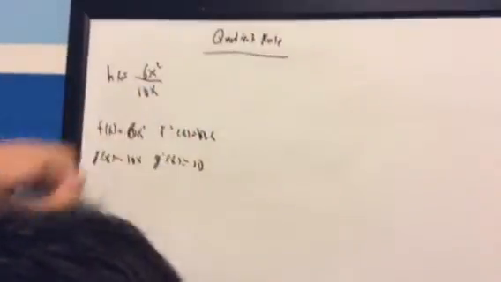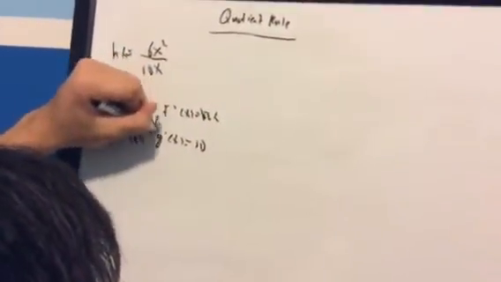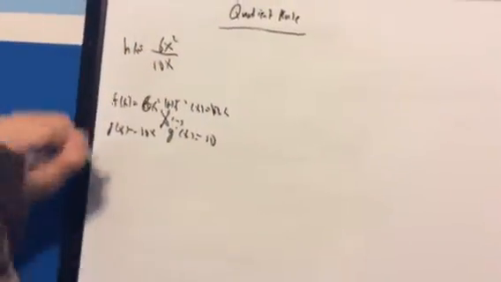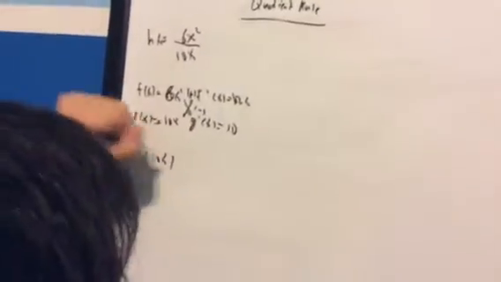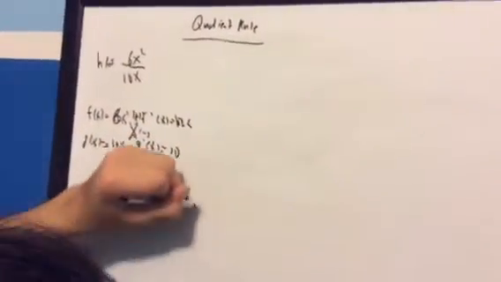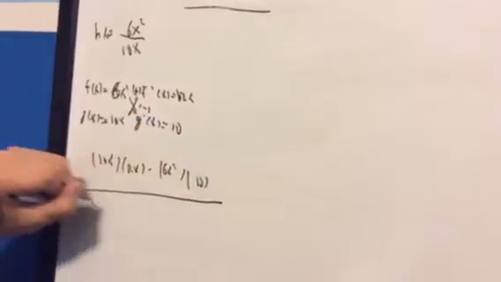The derivative of g of x is equal to 10. Okay, so the derivative of h of x is equal to 10x times 12x minus 6x squared times 10, all over 10x squared. And that's basically how you do the quotient rule and the problem. Thank you for watching.